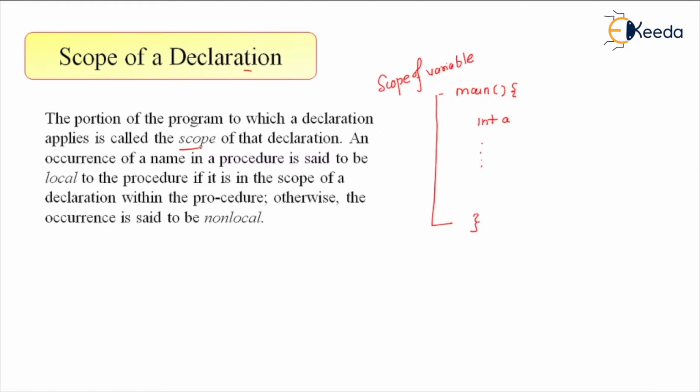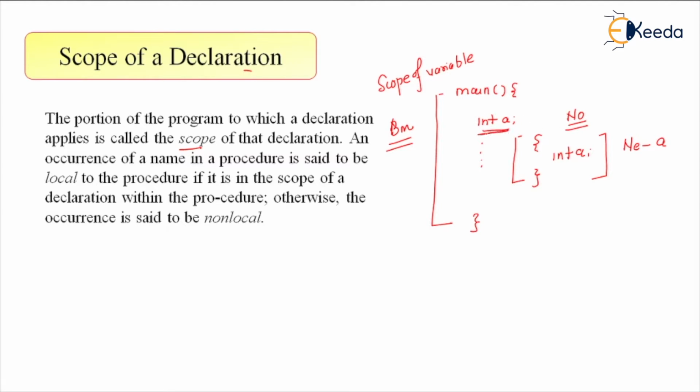The question is, if I do a nesting over here and declare int a again in a nested block inside the main block, is the scope still applied to this block? The answer is no, this scope is not applied over here.